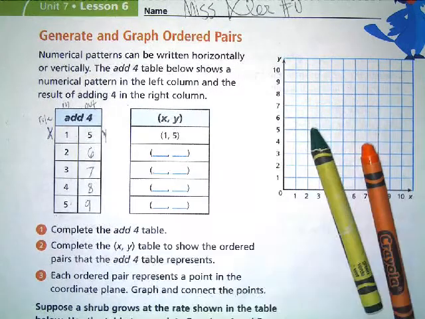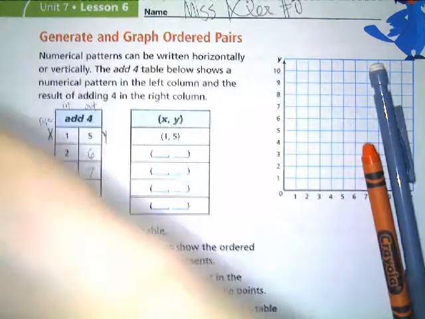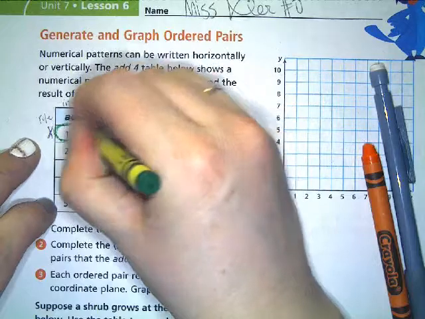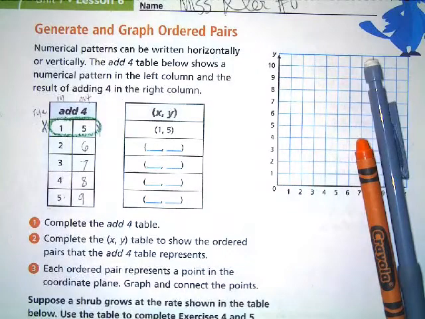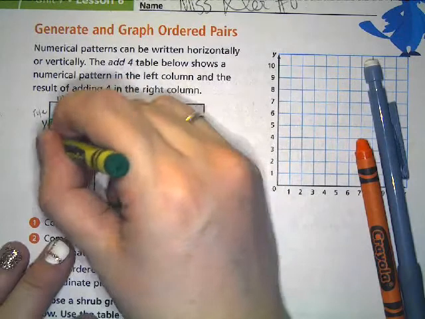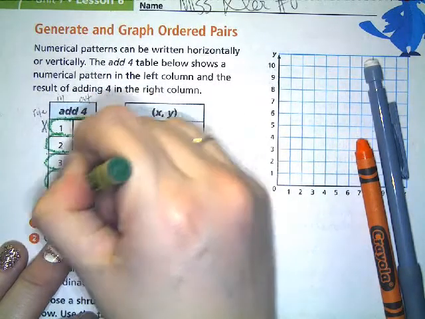They all kind of follow an interesting pattern. But we're going to circle corresponding pairs. A corresponding pair, I'm going to use green. Corresponding pairs, in this case, are connected left to right because that was the rule. It was to take the number on the left and do something to it. So go ahead and circle all of the corresponding pairs in green.